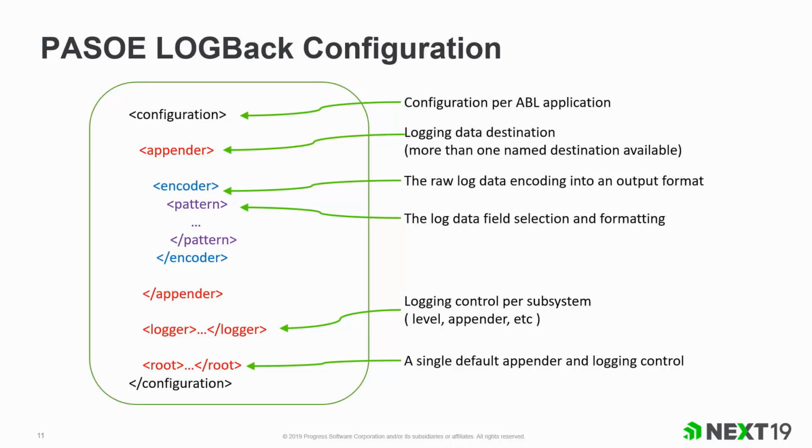Then there's a list of loggers, and again, those turn on and off those named destinations. And then there's a root section that gives a single default appender and a single place to control the logging level for the whole appender.